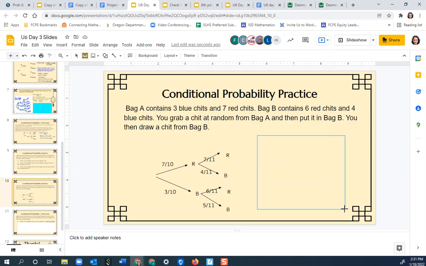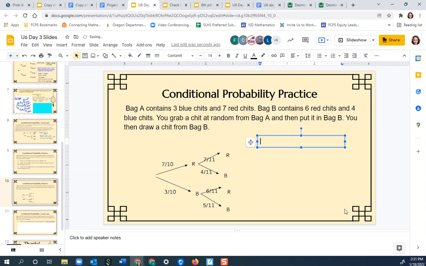So I want to find the probability that the second ticket is red. Okay. All right, so it could be red, red, or it could be blue, red. So go ahead and find those probabilities and add them up. And then we'll see if we get the same.